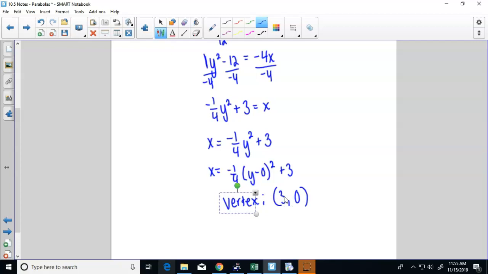I guess I should also sketch a graph here before I try to do my vertex, my focus and directrix and all of those things. So for this one, let's see, Elena, does this one open left or right?